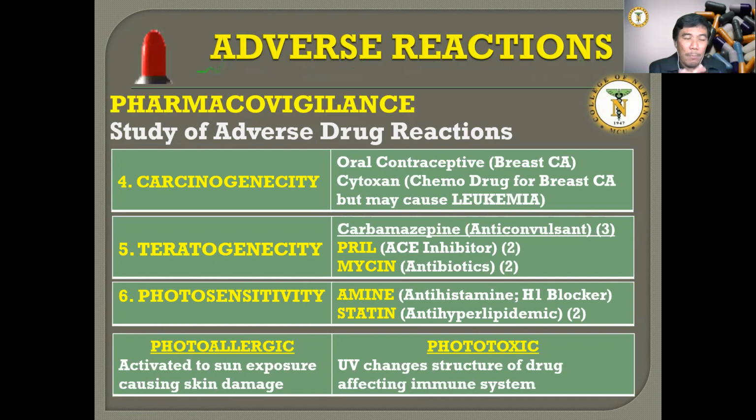If you've heard about the term carcinogenic, the one that causes cancer, right? When you hear smoking, rather lung cancer. So the carcinogenic there is cigarette smoke because it has nicotine.